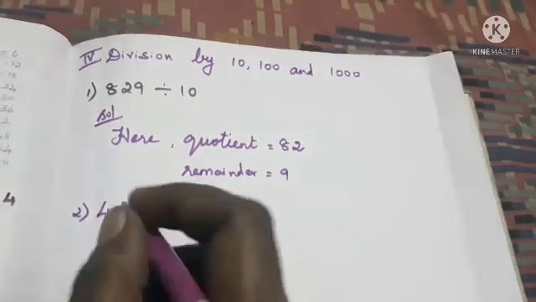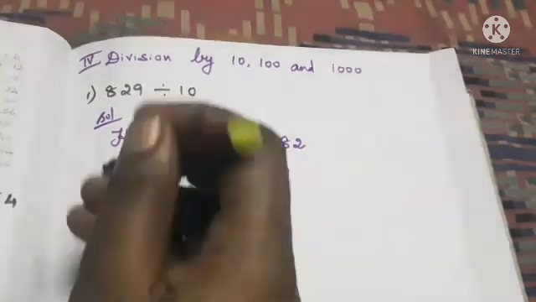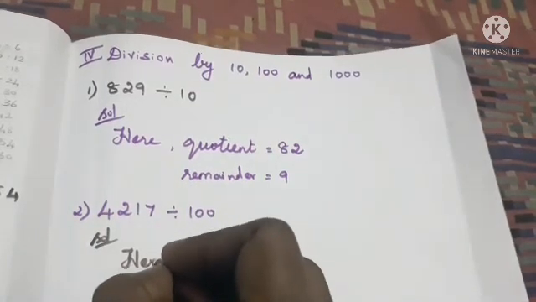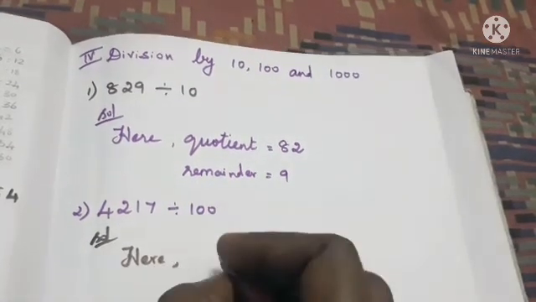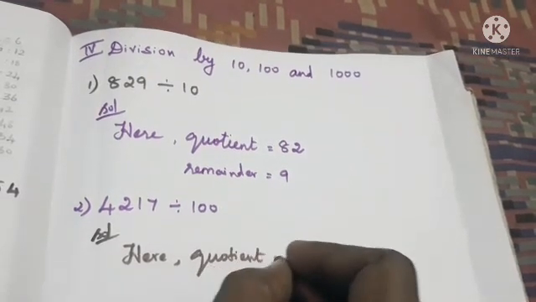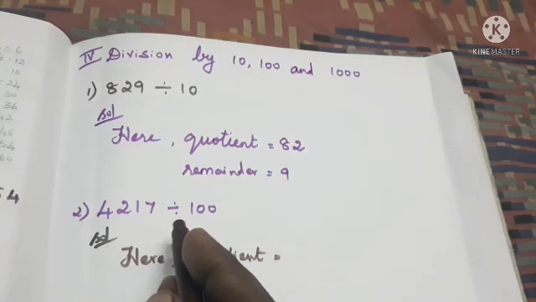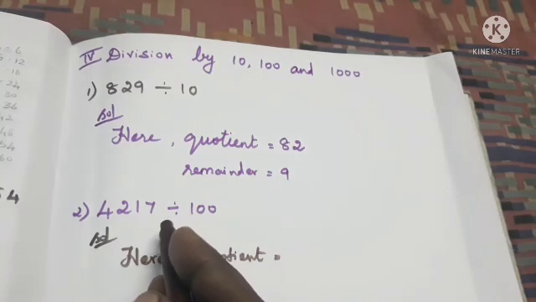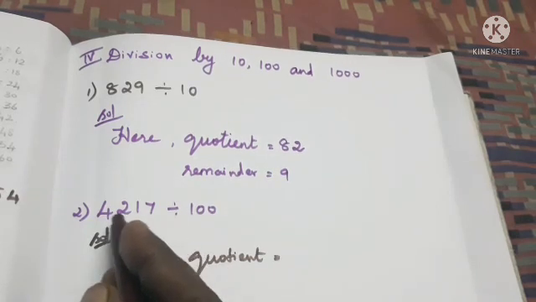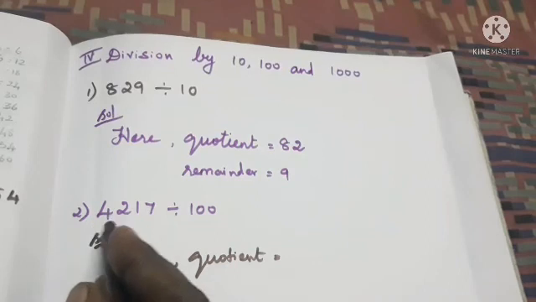If you do it, you can write the solution here. Since we have 2 zeros, we take the ones and tens places. In the ones and tens we have 1 and 7, so 17 is the remainder and the remaining things are the quotient. What's remaining?